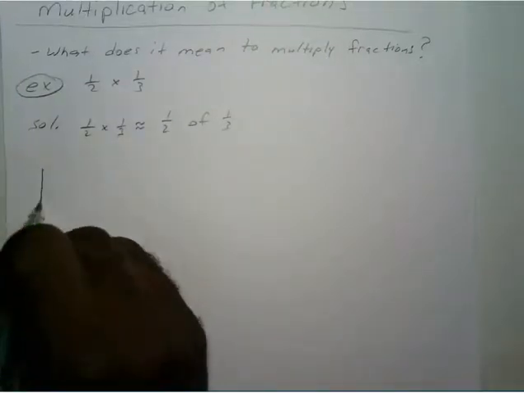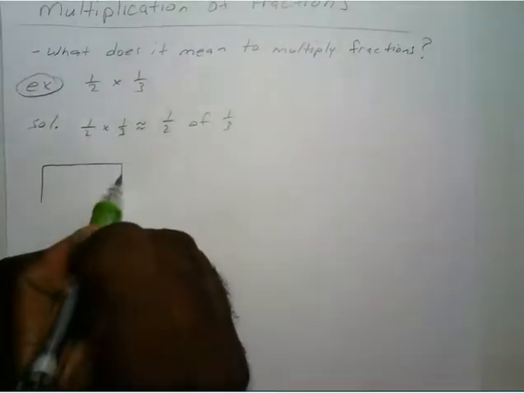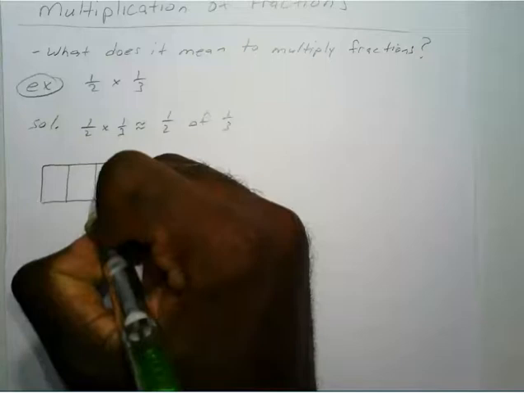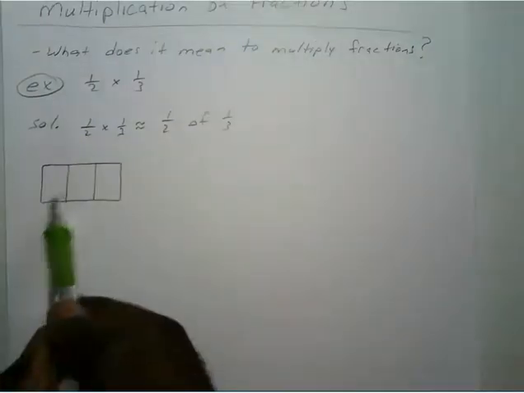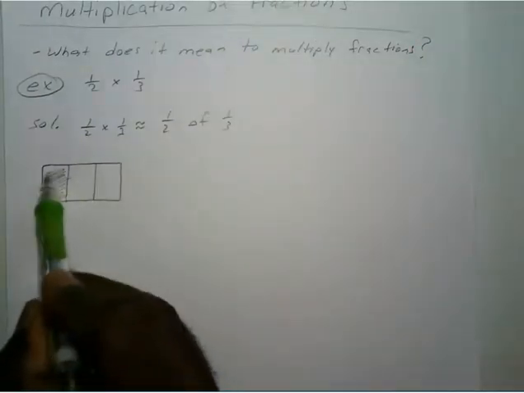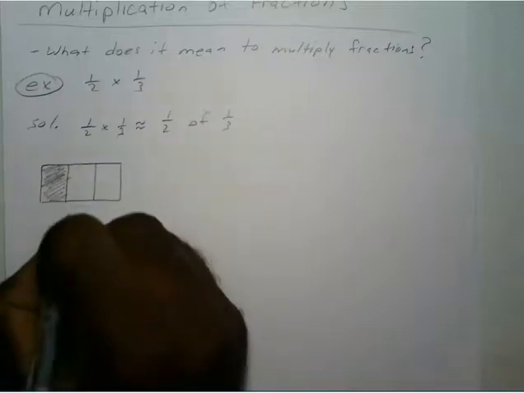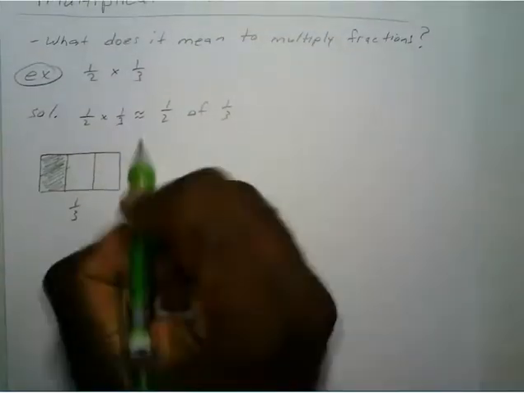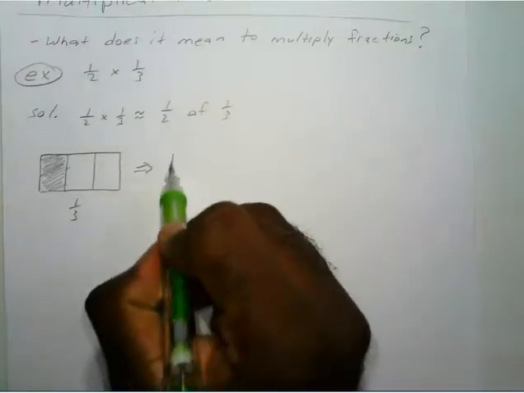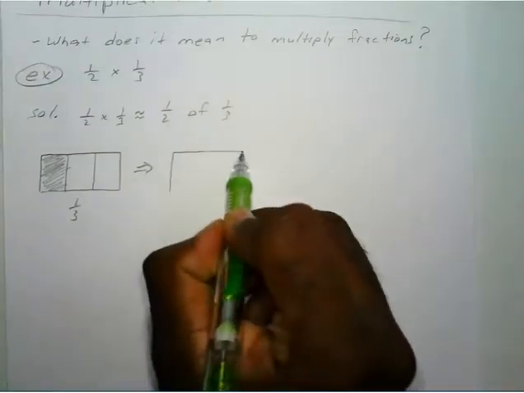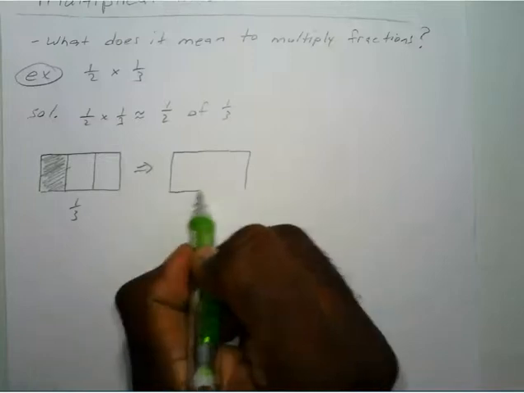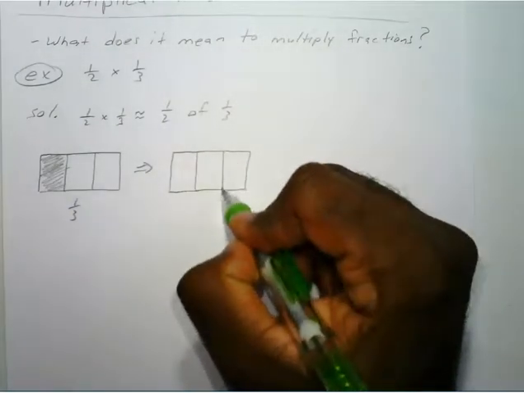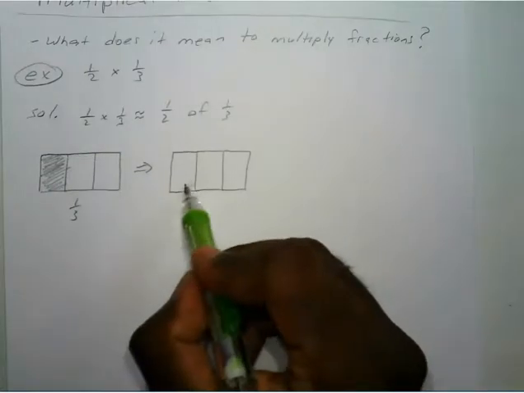Okay, so if we have our 1/3, shade that in. That's our 1/3. Now, if we just redraw that, that's our 1/3.